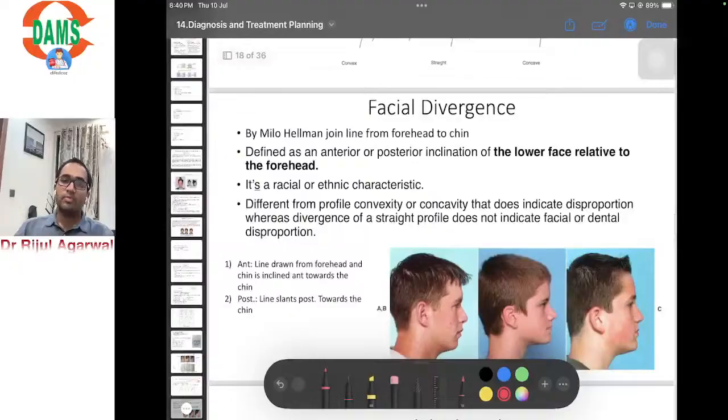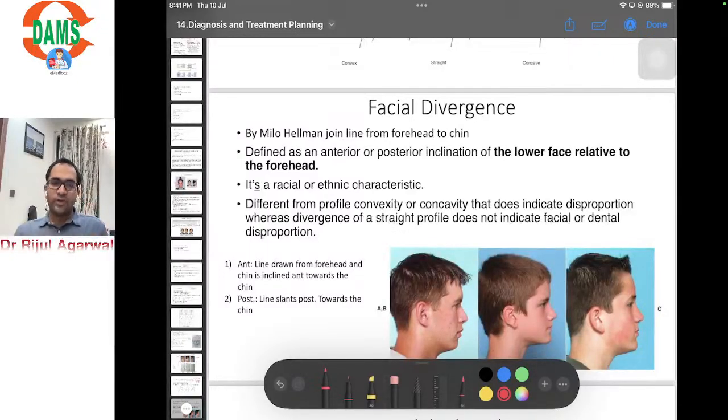Next comes this concept of facial divergence. This much is clear, then I'll proceed ahead. So what is facial divergence?